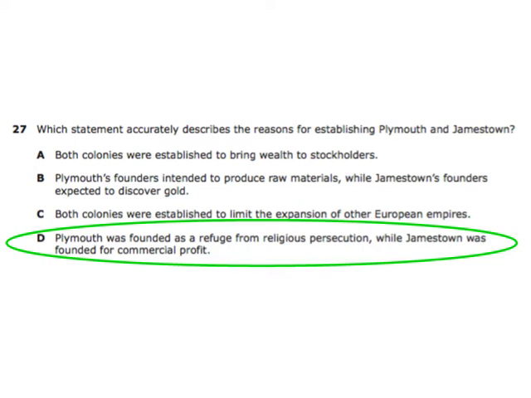Remember, we already talked about that. Plymouth up north in Massachusetts was founded for religious freedom for a small sect of people against particular persecution, while Jamestown was commercial profit. Remember, Jamestown, they were looking for gold. They ended up planting tobacco, and that's how they made their money. Commercial profit. Profit for company.